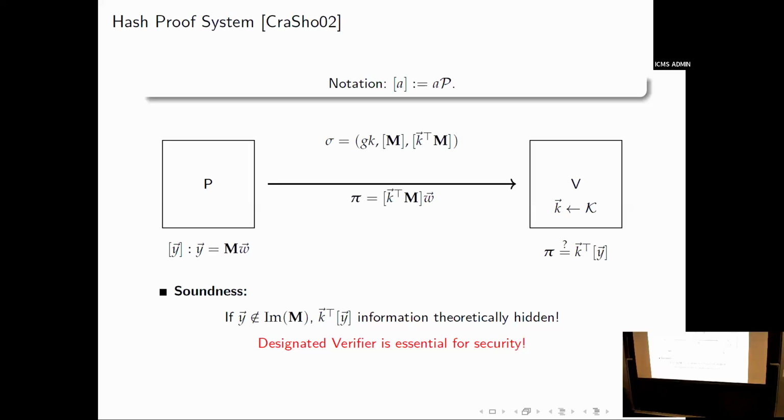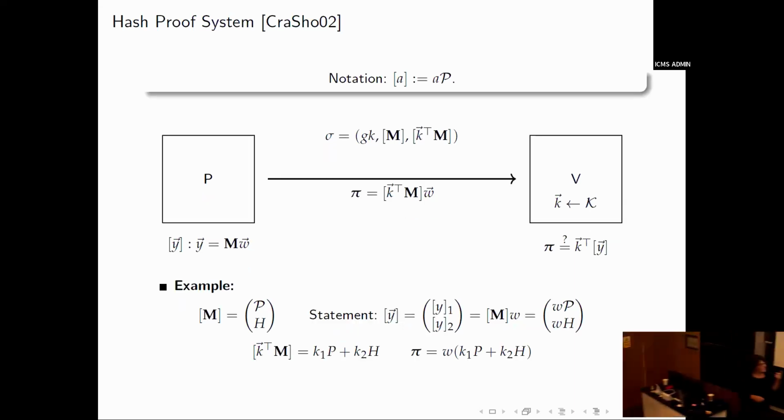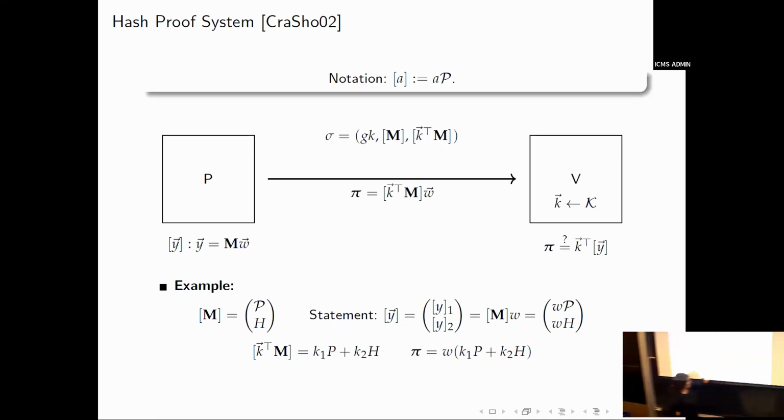You can see it in the example, it sees only the key times this column. If you see the projection on a space, you have no idea of what happens outside the space. You don't know anything about what K^T is on another space.